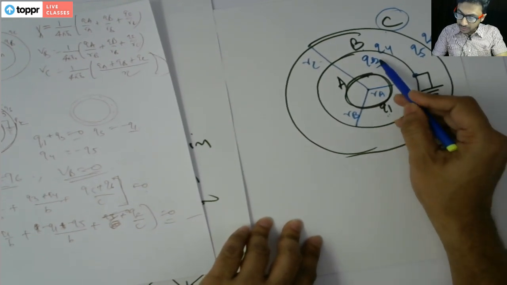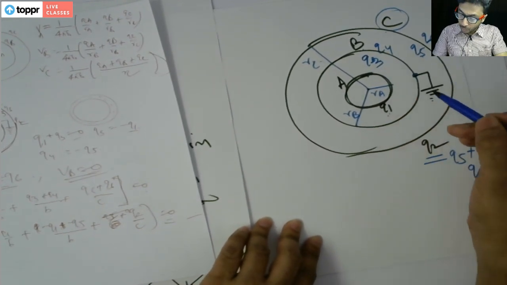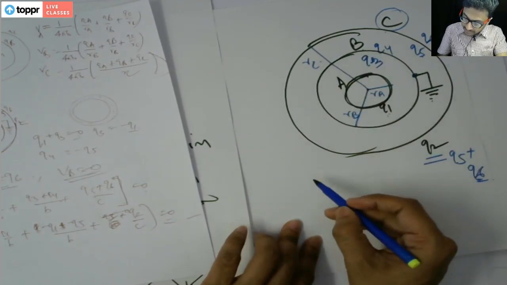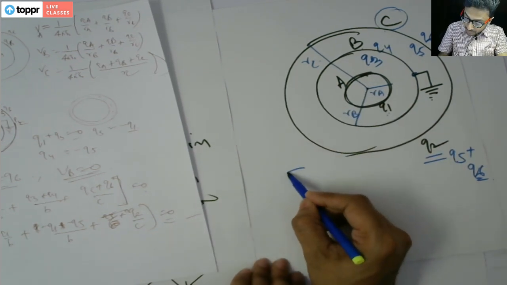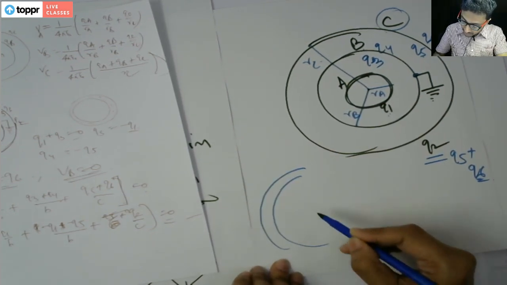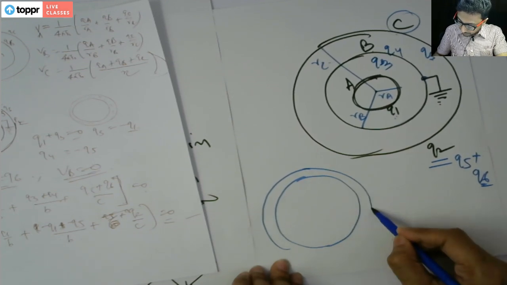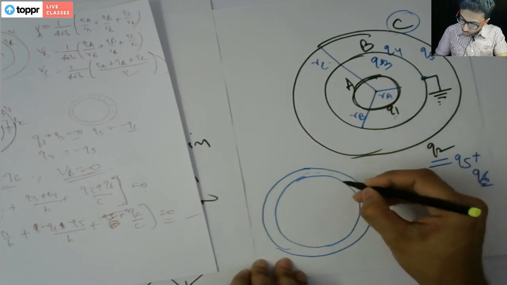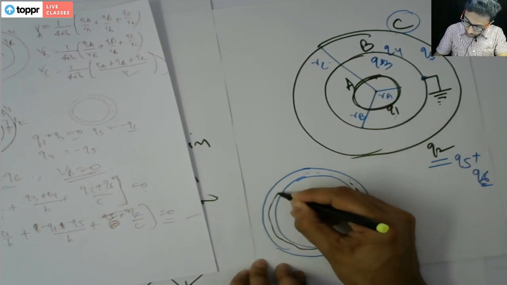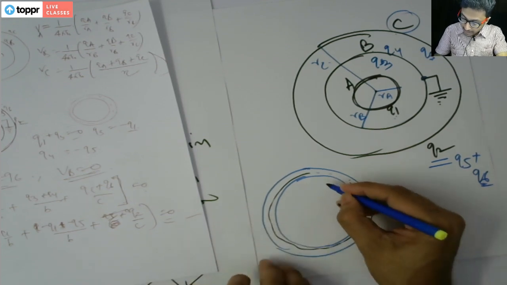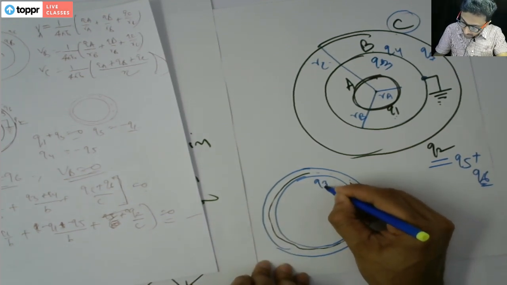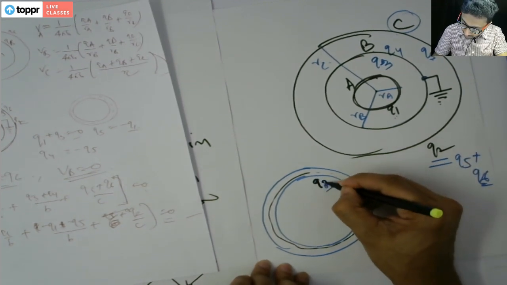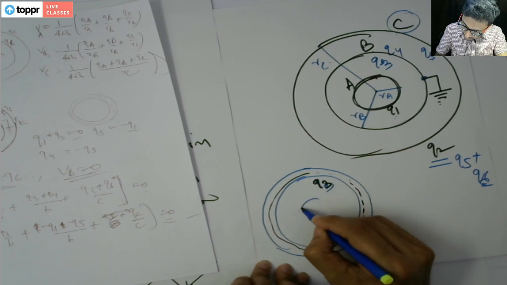This is Q1, this is Q3. Now suppose this is the conductor B. Let us try to understand conductor B. Let me try to magnify it. Let us try to draw a Gaussian surface within the conductor B. This is B. Now Q3 is lying here, and there is another shell.